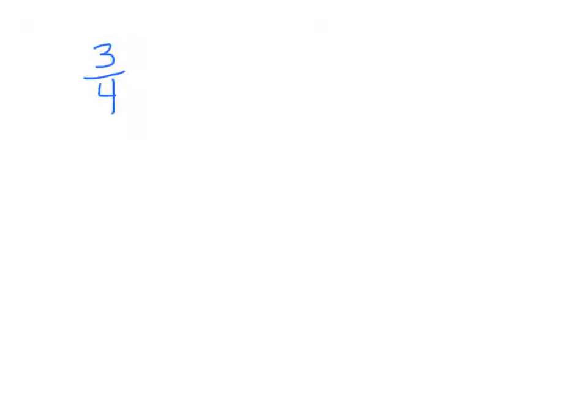So what happens when the denominator is not a power of 10, for instance 3/4? Well, this is where most people might grab a calculator, although 3/4 is a decimal equivalent that most people probably do know. It's equal to 75 hundredths. Let me just illustrate very quickly why that is.